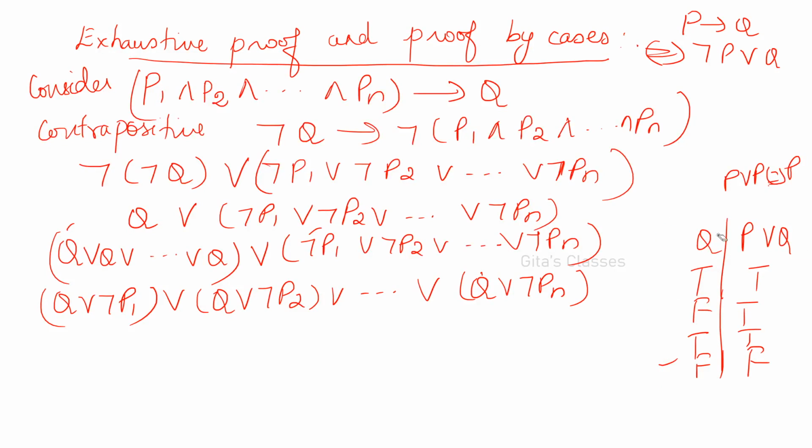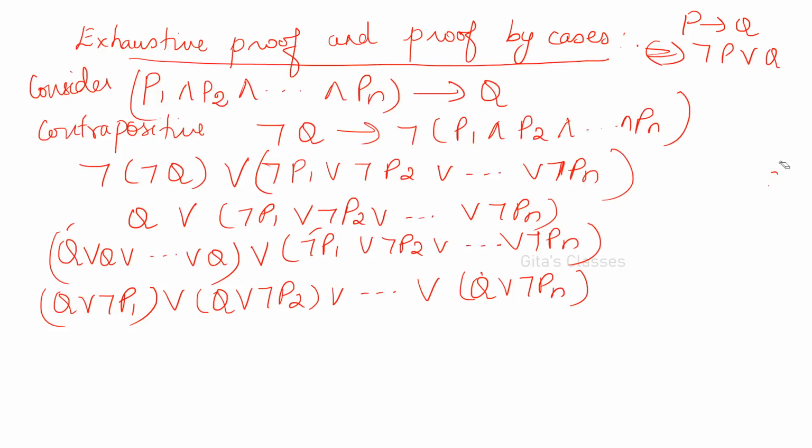So now we have n expressions here: Q or not P1, Q or not P2, and so on. If at least one becomes true, everything will become true, even if all the remaining expressions are false. For the OR connective, if one variable is assigned a true value, then it will become true.